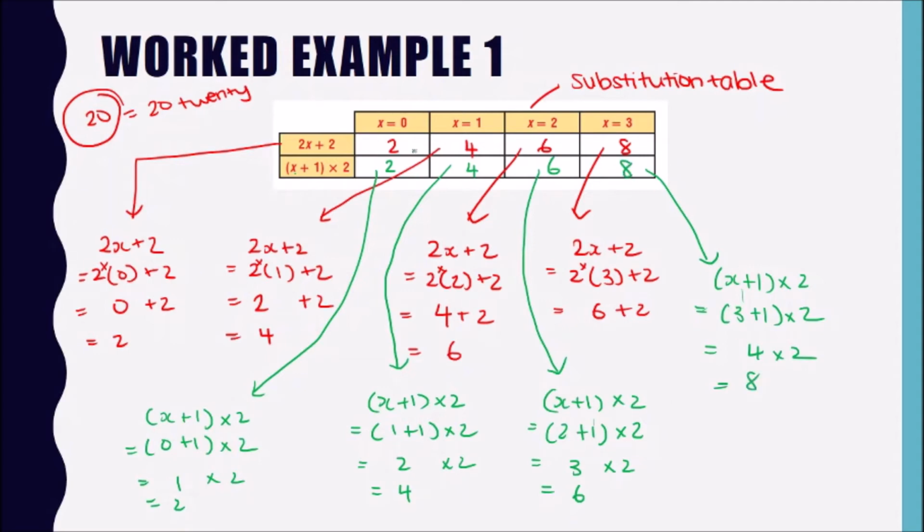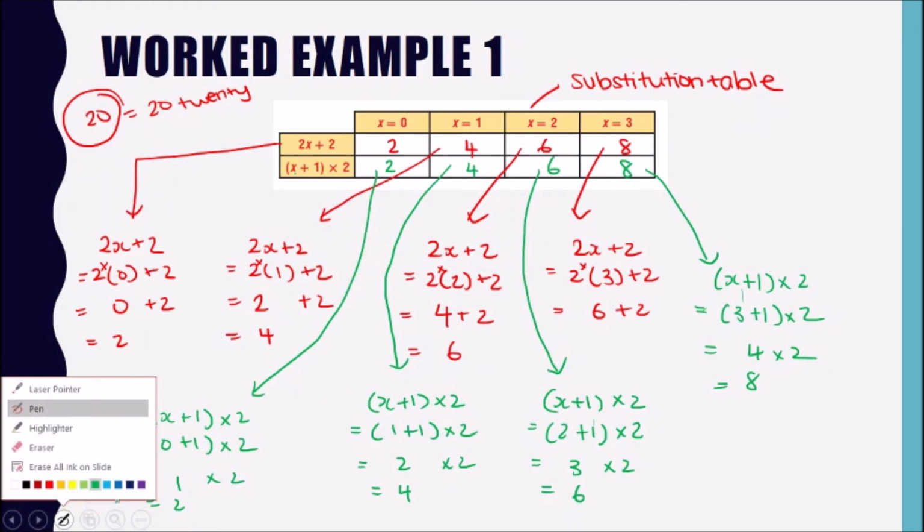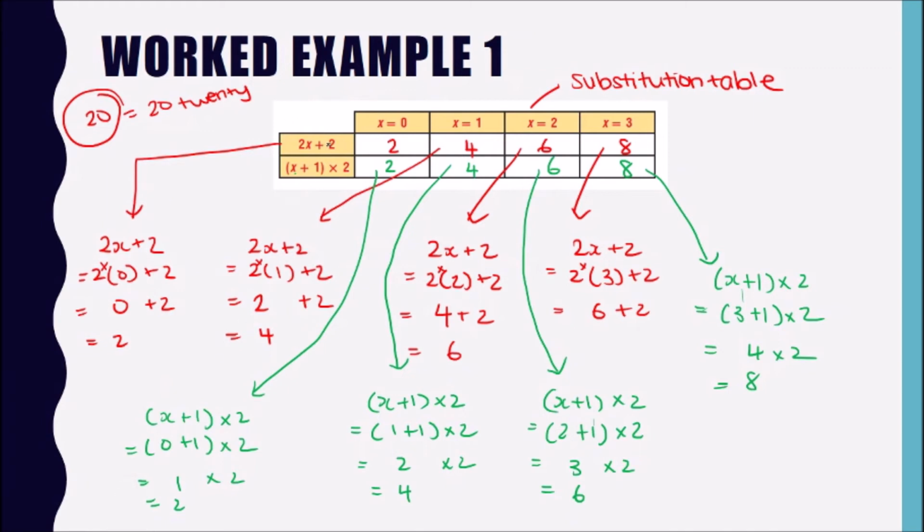And looking at these values in the top row in red and the values at the bottom in green, we can see that both the expressions are equivalent, because no matter what value you're substituting, they are equal. So these two are equivalent expressions, and we do need to get into this habit, especially for the exercise that you'll be doing today, because that will involve you being able to identify if two expressions are equivalent or not.